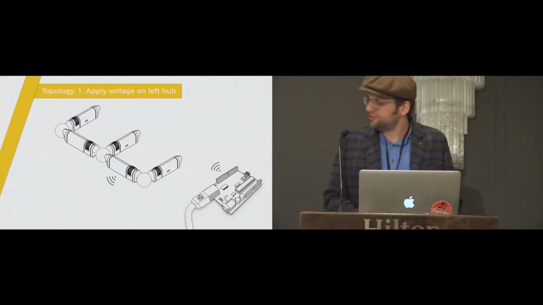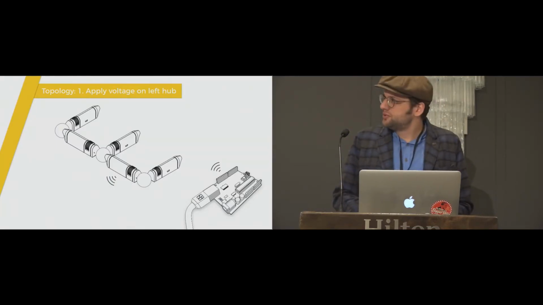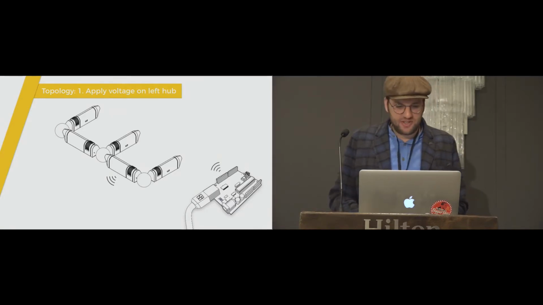Here we have a couple of struts where the central node sends a message to one of the struts, and it tells it to apply a voltage on one or the other side of its strut. In this case, it applies it on the left side of the strut.